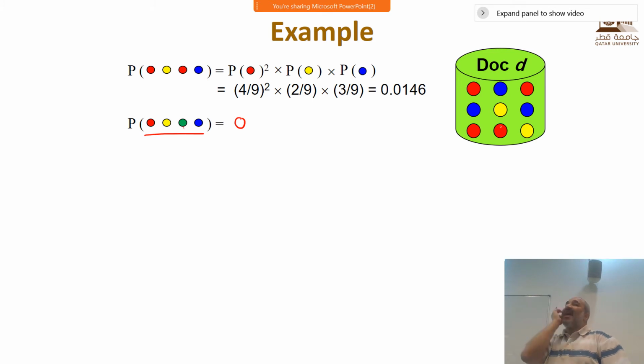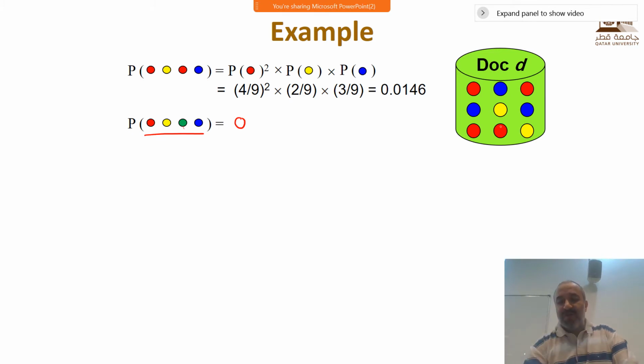Very good. Yes, exactly. It is a big punishment to the entire sentence to give it a probability of 0 just because one term didn't appear in that document, right? It's like a veto power, and that term had a veto power. Even if the other terms have a very high probability, it doesn't matter, because just one term with 0 probability will make the probability of the entire sequence 0.